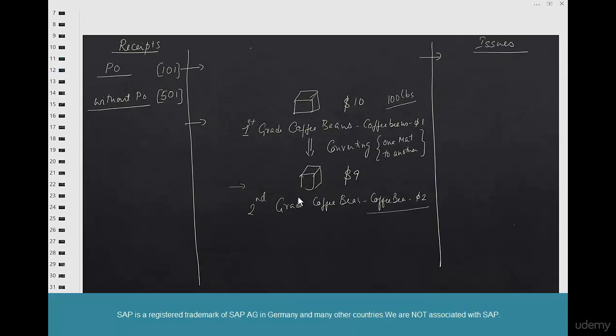So this went down by 100 and this went up by 100. And the movement type that we used was 309, right? And maybe after a month you want to convert it to third grade coffee beans. Sure, you can do the same thing. Same movement type, 309.